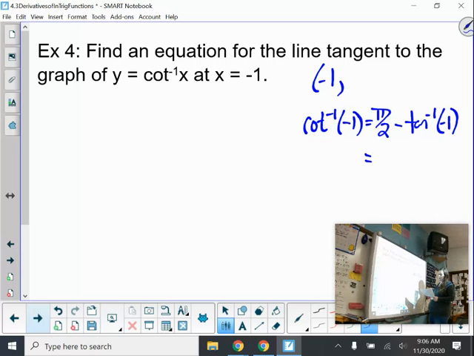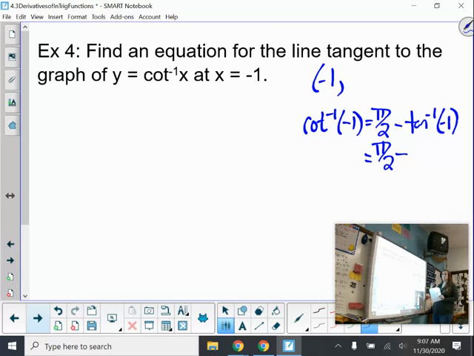Well, remember that we're bound, for tangent, I think we're bound between pi over 2 and 3 pi over 2, or 0, I think it's 0 and pi. 0 and pi is where we're bound for tangent. So this is going to be pi over 2 minus, and tangent, or I'm sorry, inverse tangent, it's on the same bounds. It's negative pi over 2 to pi over 2.